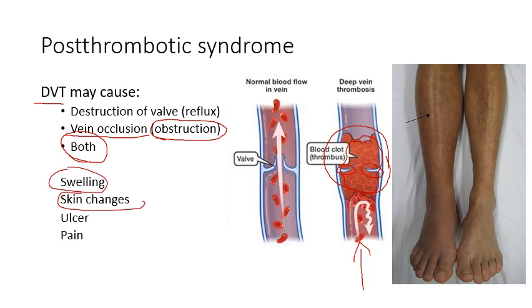There might be skin changes, might be ulcer development, and usually pain in the leg. The deep venous thrombosis in itself is an acute event, so the patient might call a doctor or an ambulance and be given anticoagulants. But the post-thrombotic syndrome might occur months or even years after the deep venous thrombosis occurred.